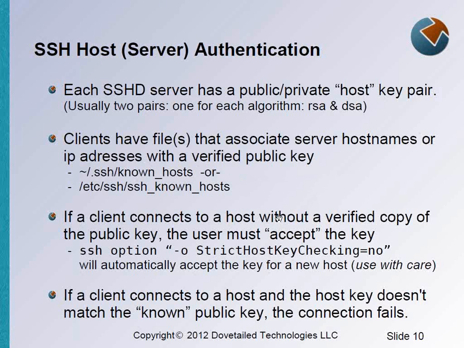Now, once that first time happens, once it's added in, then if the client connects again, he won't be prompted to add it. It'll either match what he has or it won't, right? Once he has a line in there that says, okay, this host is this public key, if it doesn't match, then the connection is going to fail. In other words, the authentication would have failed.